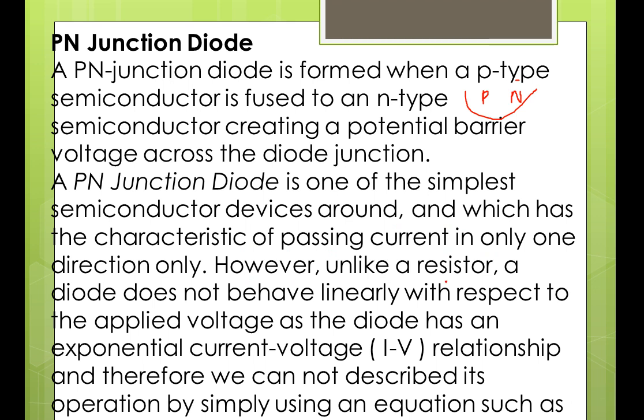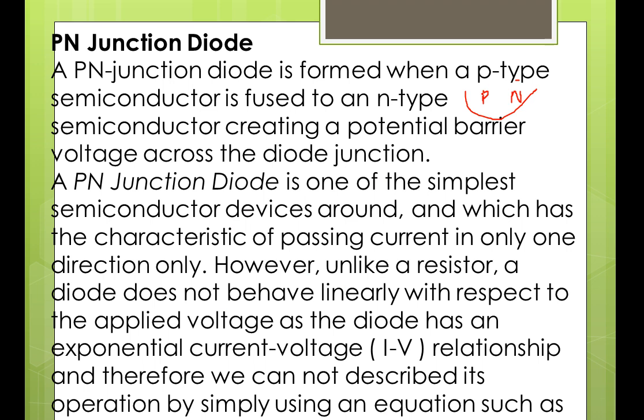However, unlike a resistor, a diode doesn't behave linearly with respect to the applied voltage, as the diode has an exponential current-voltage relationship, and therefore we cannot describe its operation by simply using an equation such as Ohm's law. The PN junction is formed using P and N type semiconductors, and in a diode the current flows in only one direction.